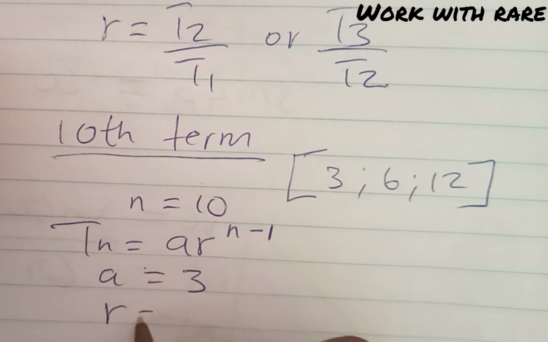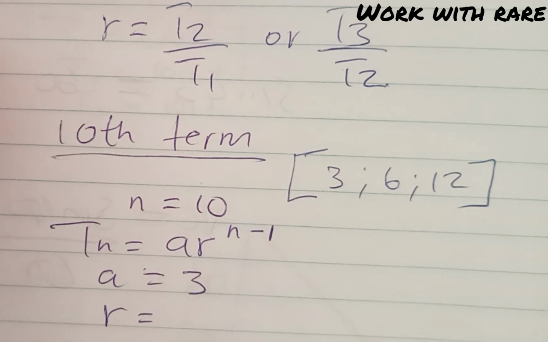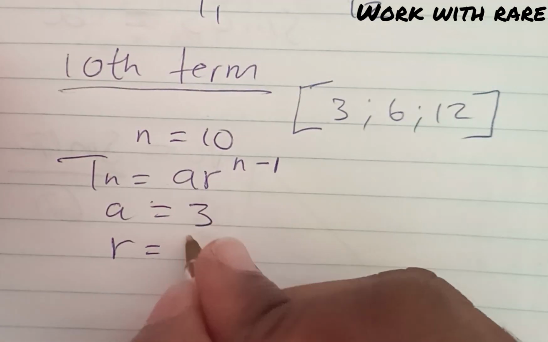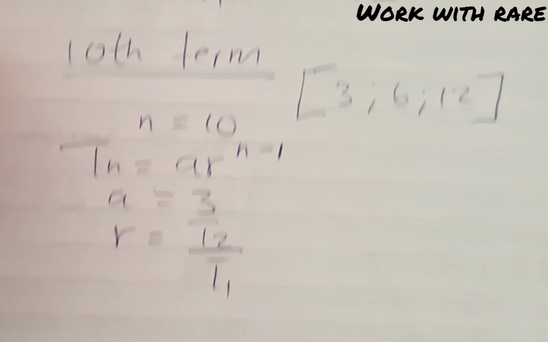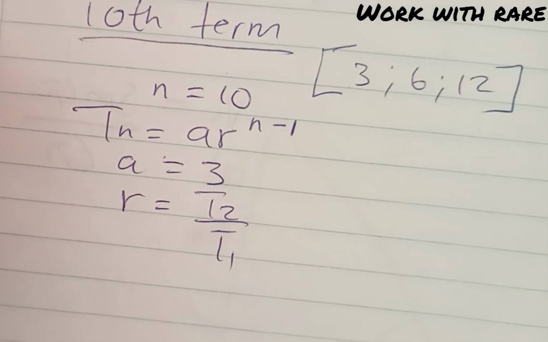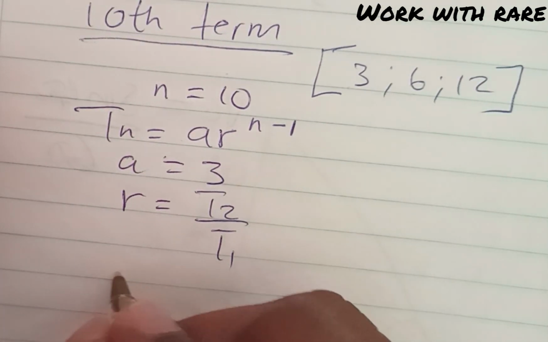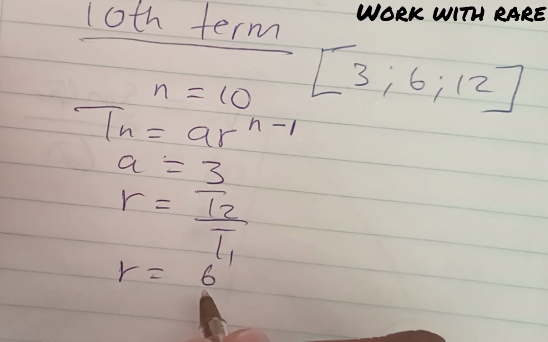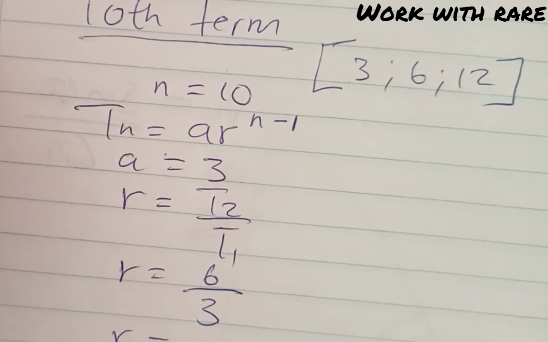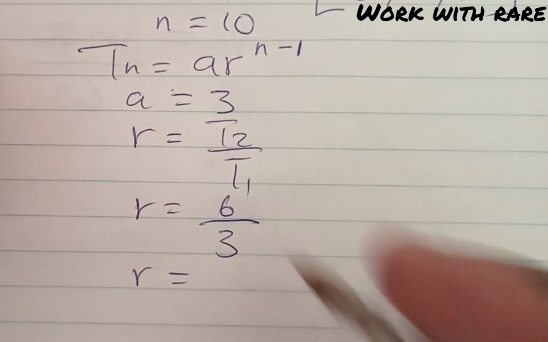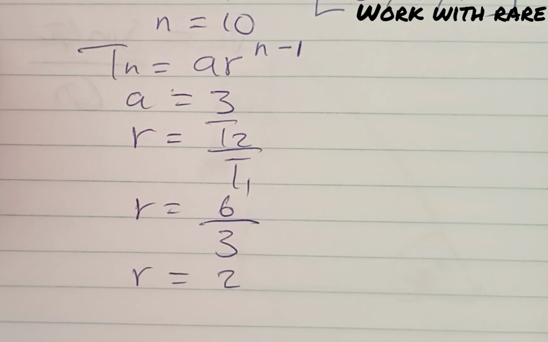Our r is T2 divided by T1, okay? So our T2 is 6 and our T1 is 3, and 6 divided by 3 is 2, so our ratio is 2. Now I have my a, I have my r, I have my n, so I can calculate the 10th term.